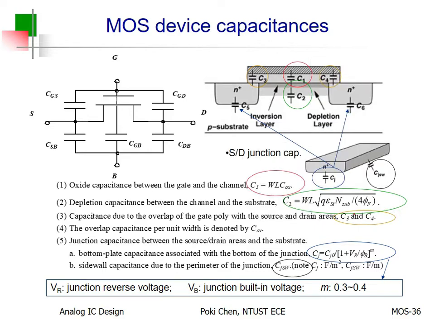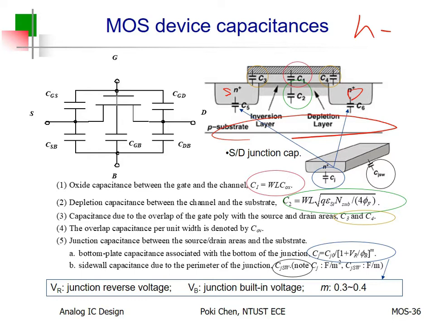See? For example, this source, drain, and then P substrate. Again, we always focus on NMOS for explanation. How about PMOS? Just think about it. The operation principle is quite similar to NMOS.